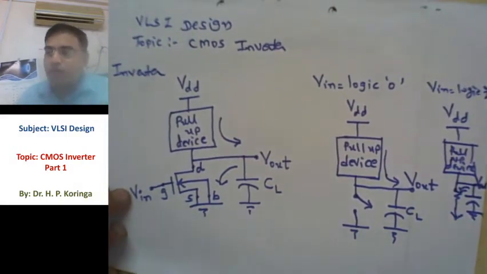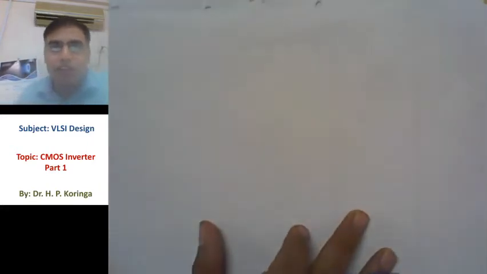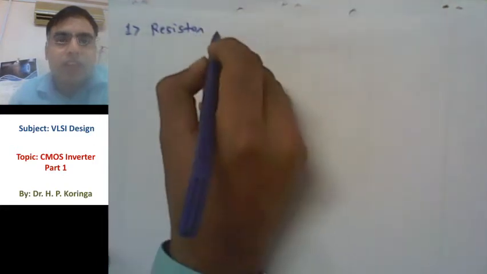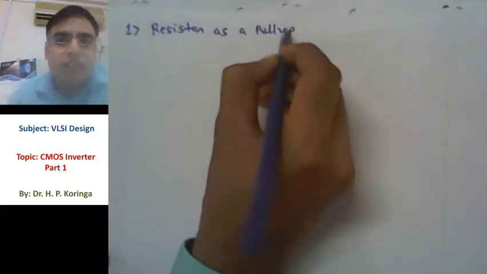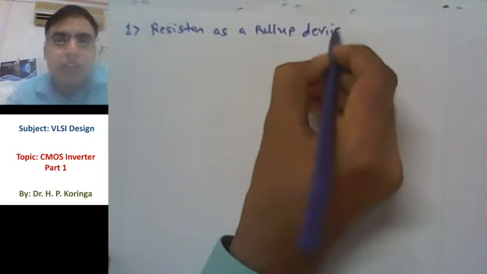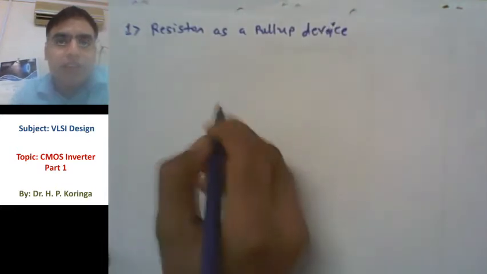And as a pull-up, we have taken different devices till now. First of all, we have taken a resistor as a pull-up device.